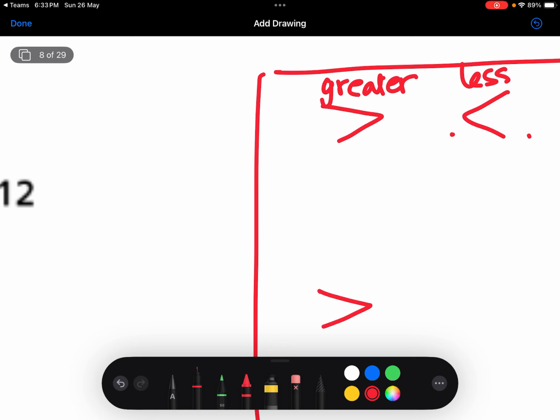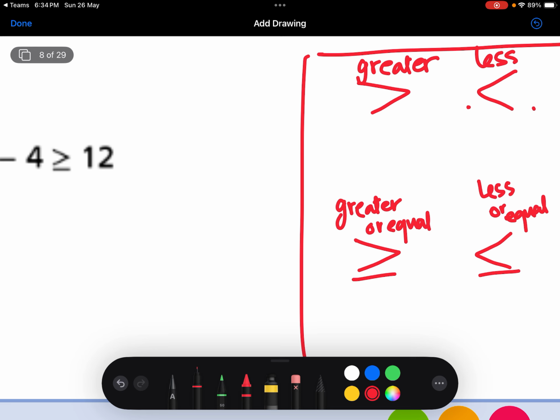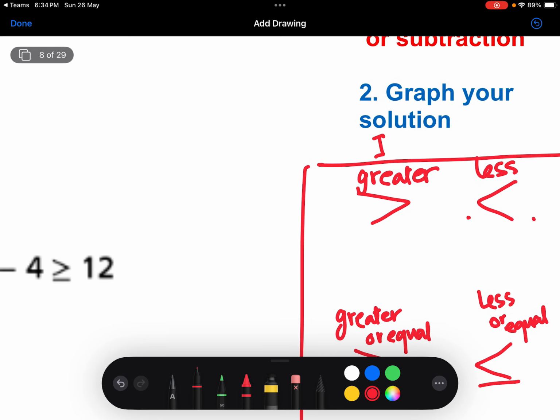We have greater than or equal to, we have less than or equal to. So once an expression contains one of these four signs, we call it an inequality.